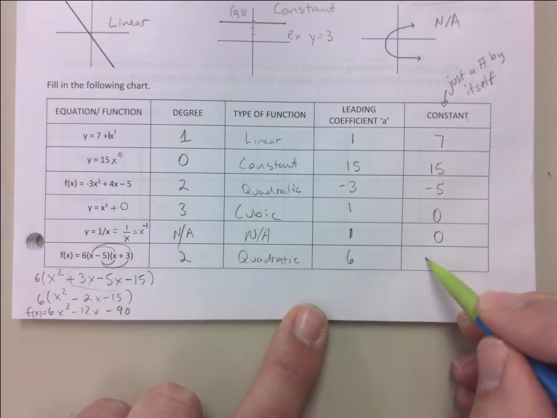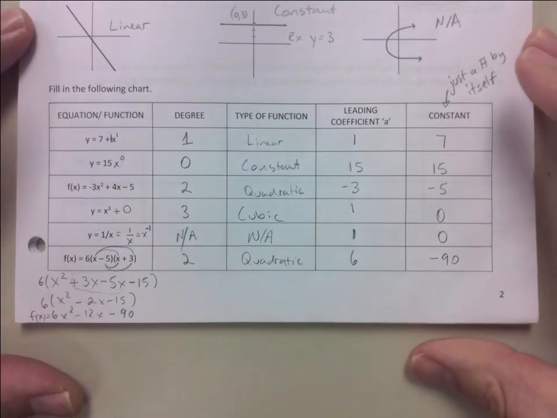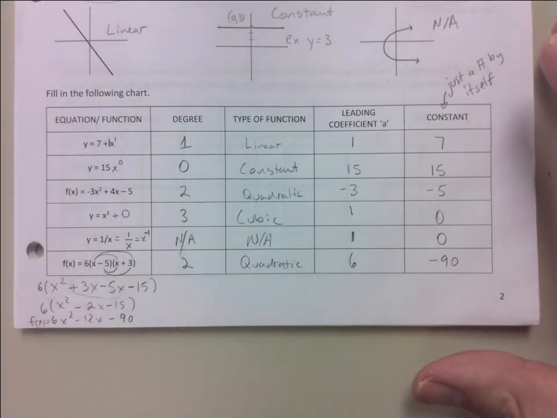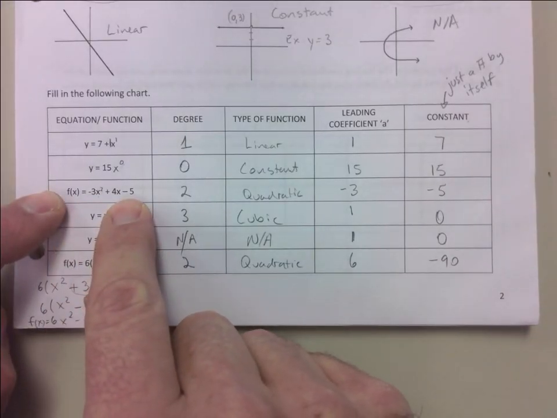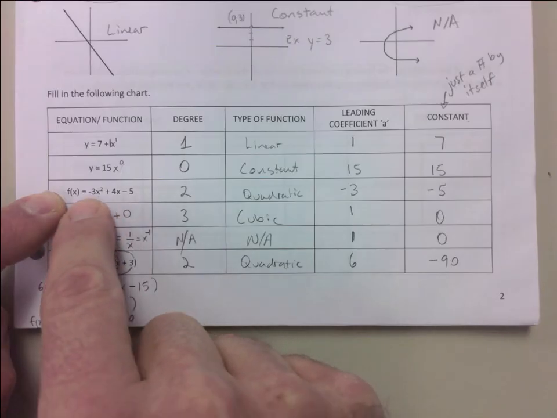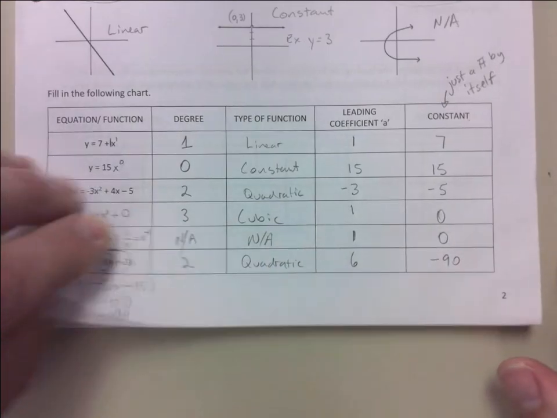Okay, negative 90. So there you have it. That's how you read the functions. The most important one, I want you to be able to look at a quadratic and identify the leading coefficient and the constant right away. Okay, keep going.